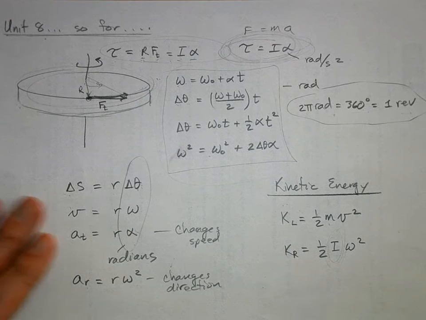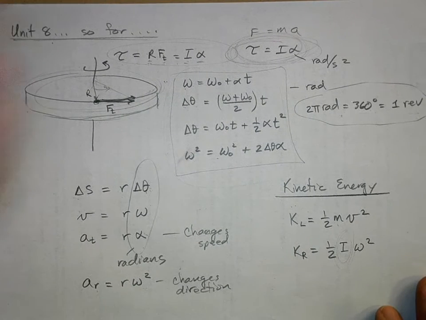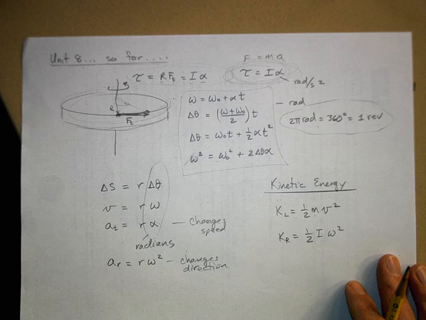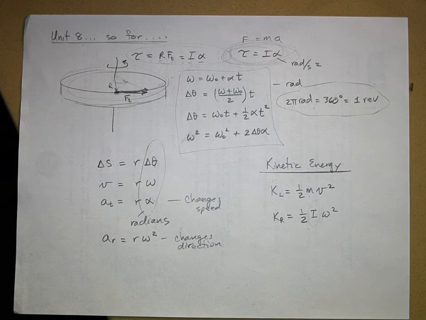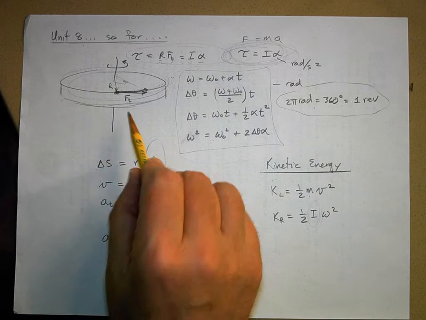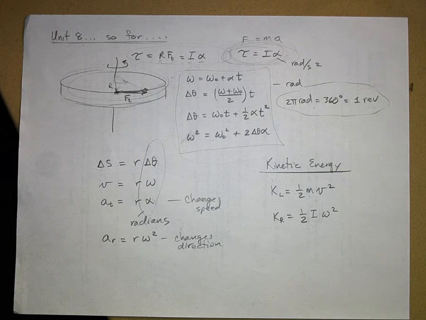Well, for a disk, let me zoom out a little bit here. If I give you a big shape, like a rotating bowling ball spun on its axis, there is an equation that allows you to find the rotational inertia, and that would be 2/5 mr squared. This is a disk, and this disk has a rotational inertia equation of 1/2 mr squared.